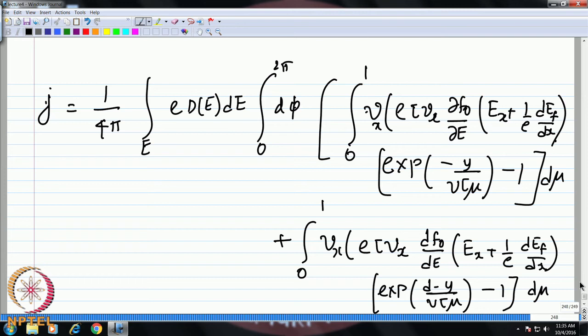So, can you now rewrite this in terms of mu and try to find out what will happen if you integrate with respect to mu. Okay. So, this function is a function of mu and your Vx square is nothing but V square mu square.